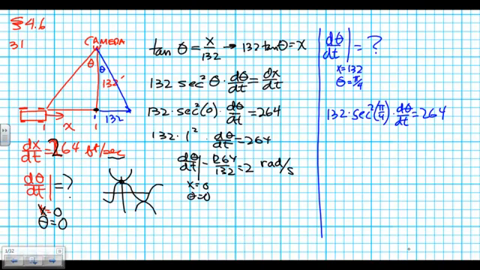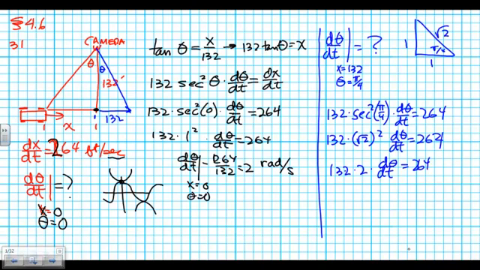Okay, now what's the secant of pi over 4? Draw my reference triangle. Here's a pi over 4 angle. And secant is hypotenuse over adjacent, square root of 2. So we got 132 times the square root of 2 quantity squared times d theta dt is equal to 264. So that's 132 times 2 times d theta dt is equal to, sorry, lost a 4 there, 264.